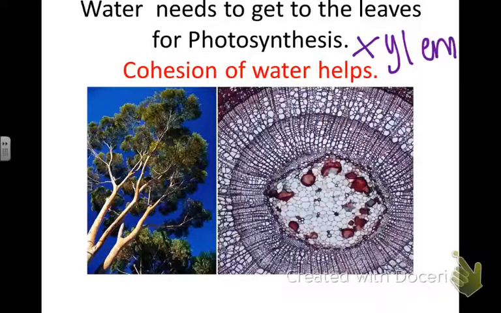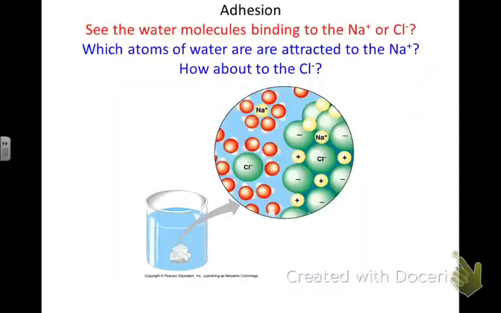Xylem. That's the name of the pipe inside the tree. And water flows up that pipe with no energy. Coolest thing ever. It goes up a 100-foot tree and doesn't require any energy, but it's because the water molecules stick to water molecules.